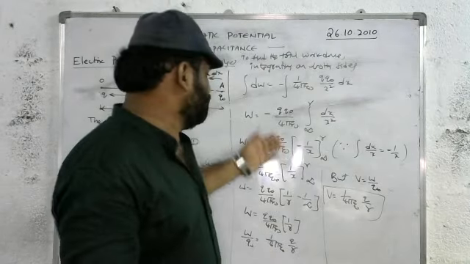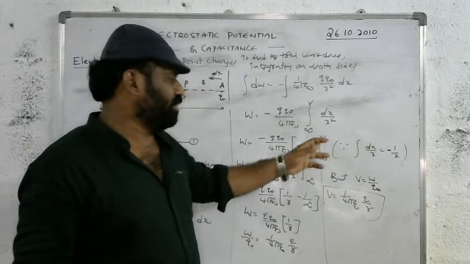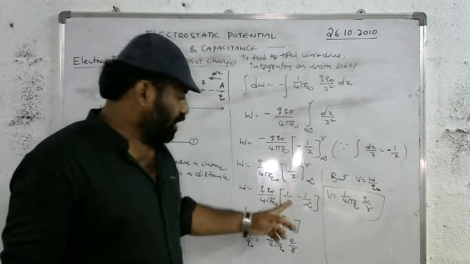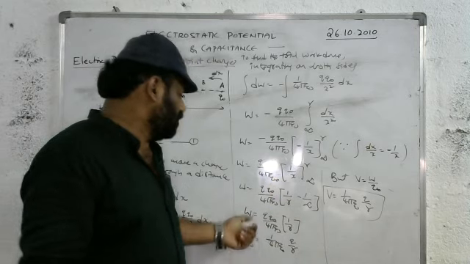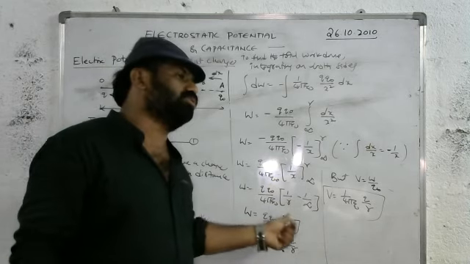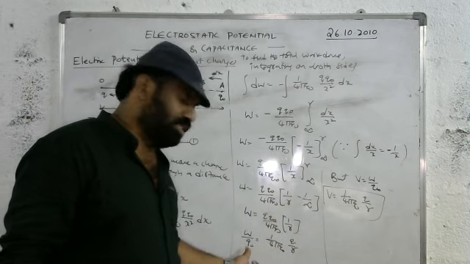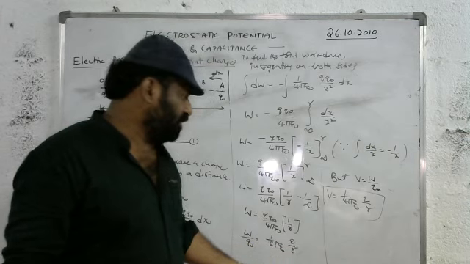The minus gets cancelled, and we substitute the upper limit and lower limit in the place of x. Here we have 1 by r minus 1 by infinity, and 1 by infinity means 0. So W is equal to Q Q naught by 4 pi epsilon naught into 1 by r. Q naught comes down in the denominator, so W by Q naught is equal to 1 by 4 pi epsilon naught into Q by r.